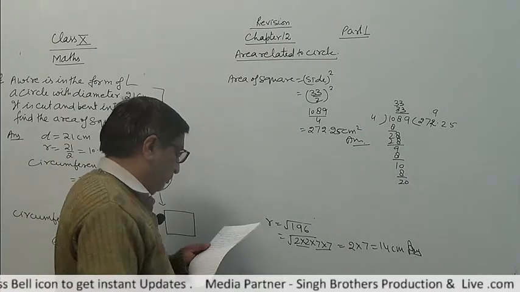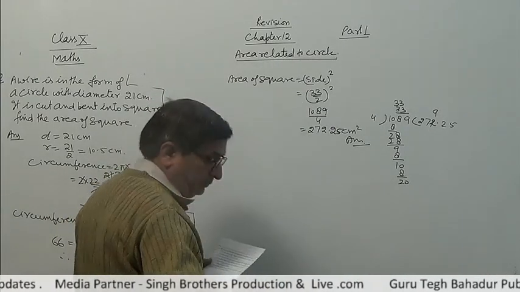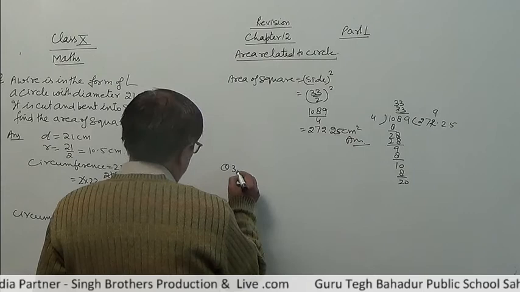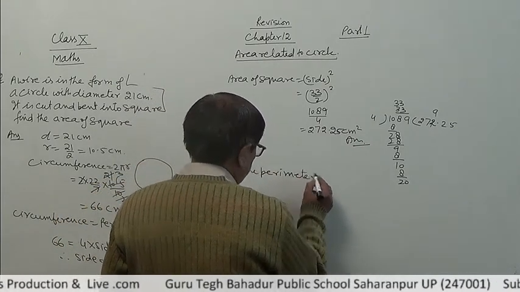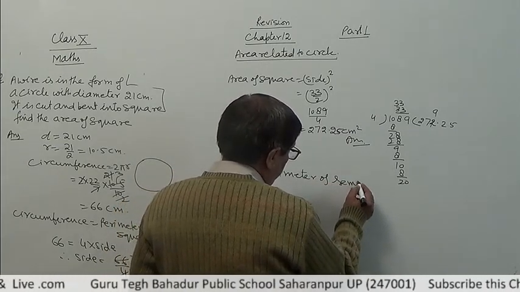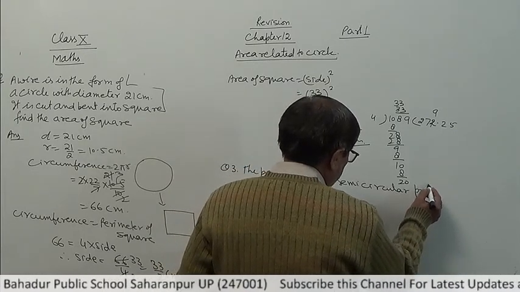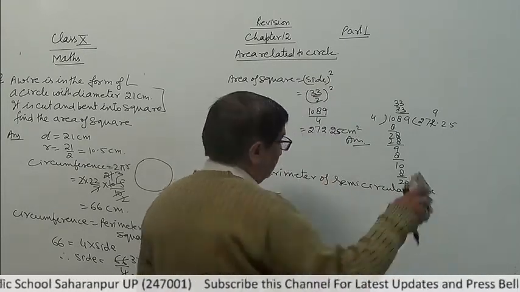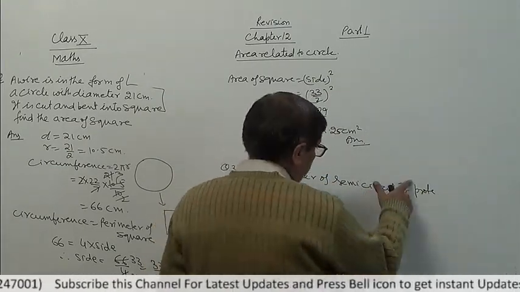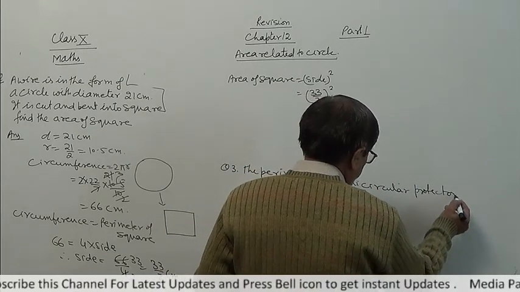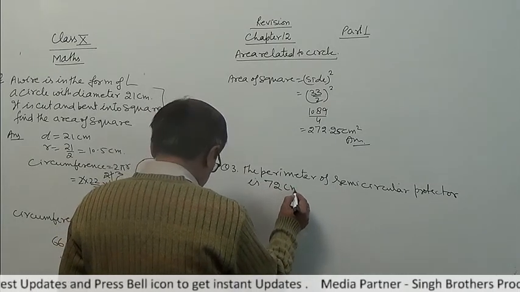Next, third question: the perimeter of a semicircular protector is 72 centimeter.